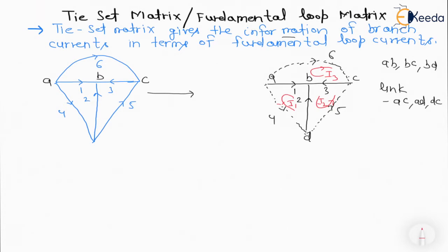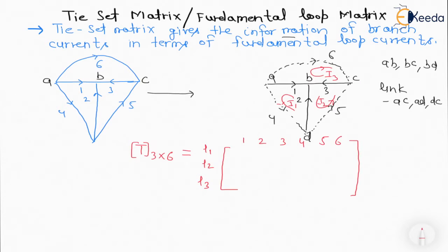Now I am writing here the tie-set matrix, and we know that the size of the tie-set matrix will be 3 cross 6 here, with loops L1, L2, L3 and branches B1 to B6. Now we are going to write the tie-set matrix.